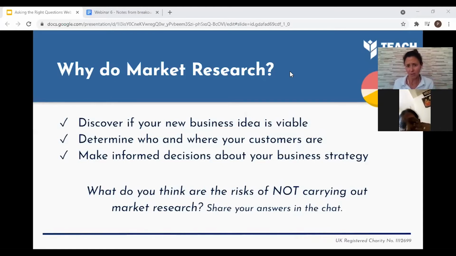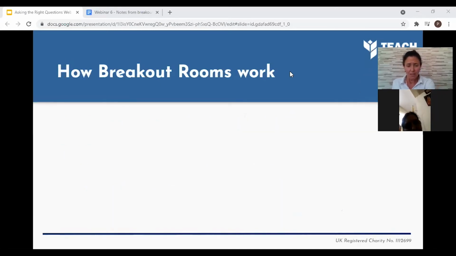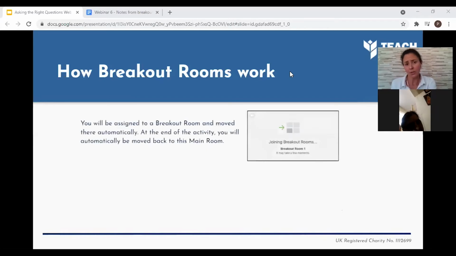Some of you already mentioned that in the chat. So in a moment, I'm going to put you into small breakout rooms to do an activity in small groups. But let's recap on how breakout rooms work before we do that. You will be assigned to a breakout room and move there automatically.